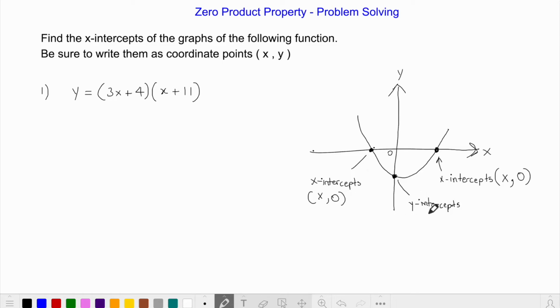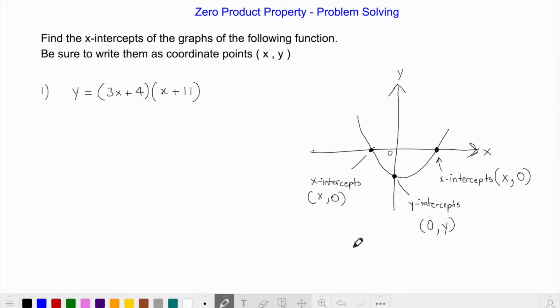And here we have the y-intercept, right? At the y-intercept, we do not have an x value because the point falls on the y-axis. So the x value is 0, and we have a y value here. So that's the quick recall on y-intercepts and x-intercepts.